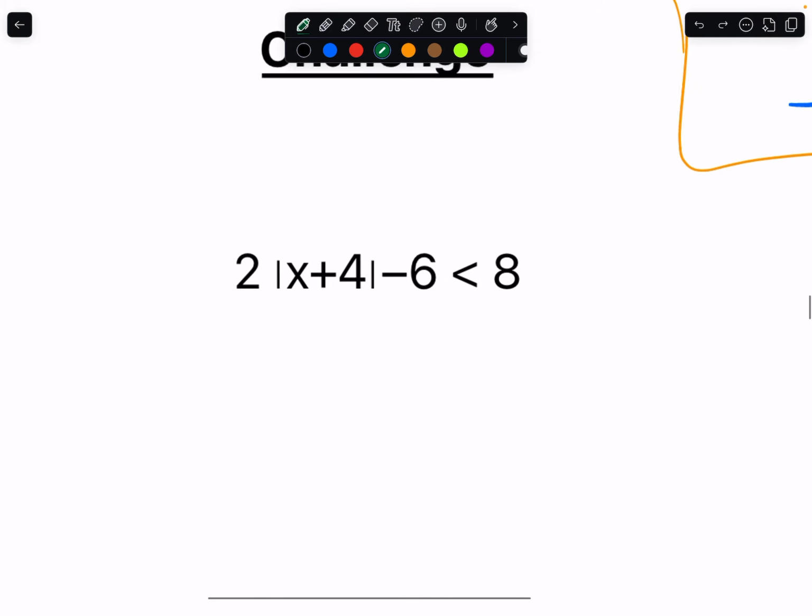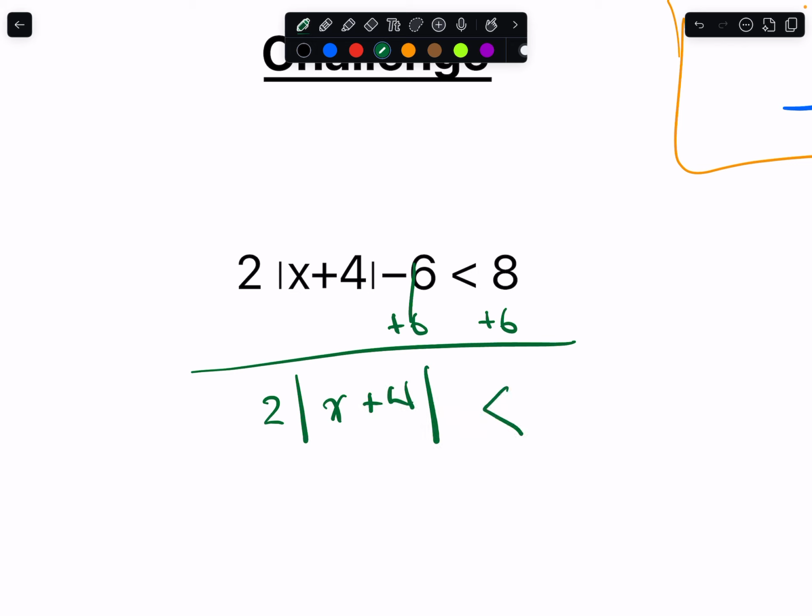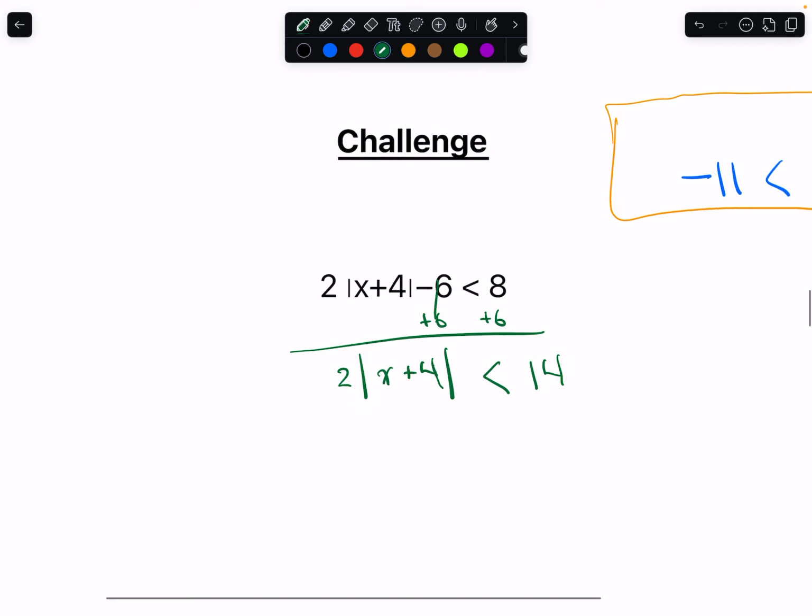First thing you want to do, want to make this simplified. So I will first add the 6 on both sides, just to avoid some confusion. Everything else follows through. Step 1.